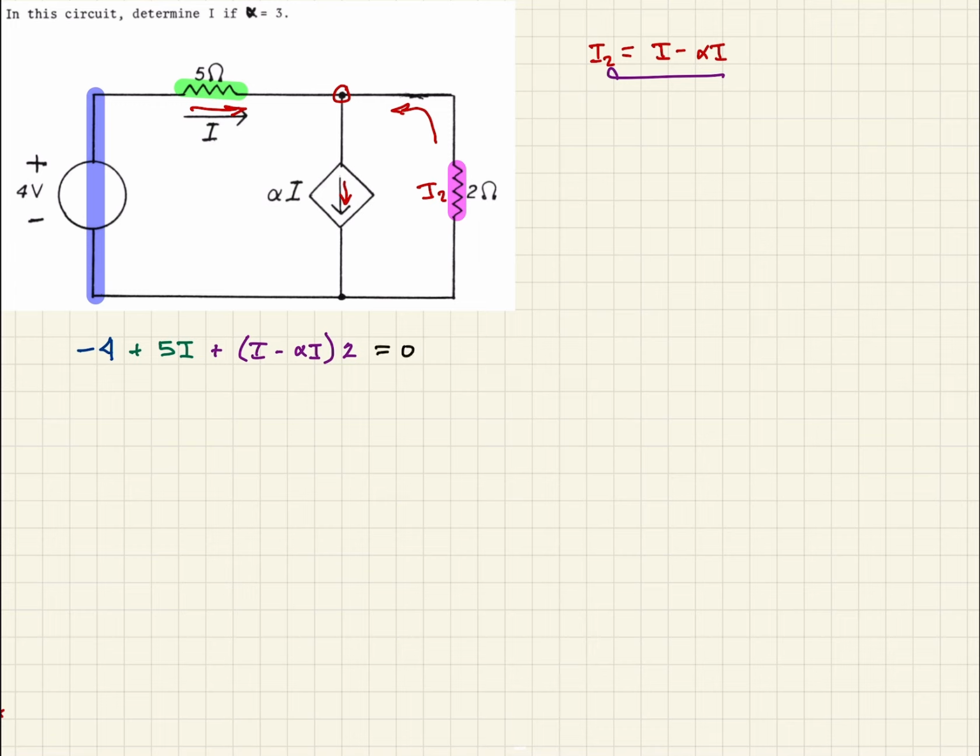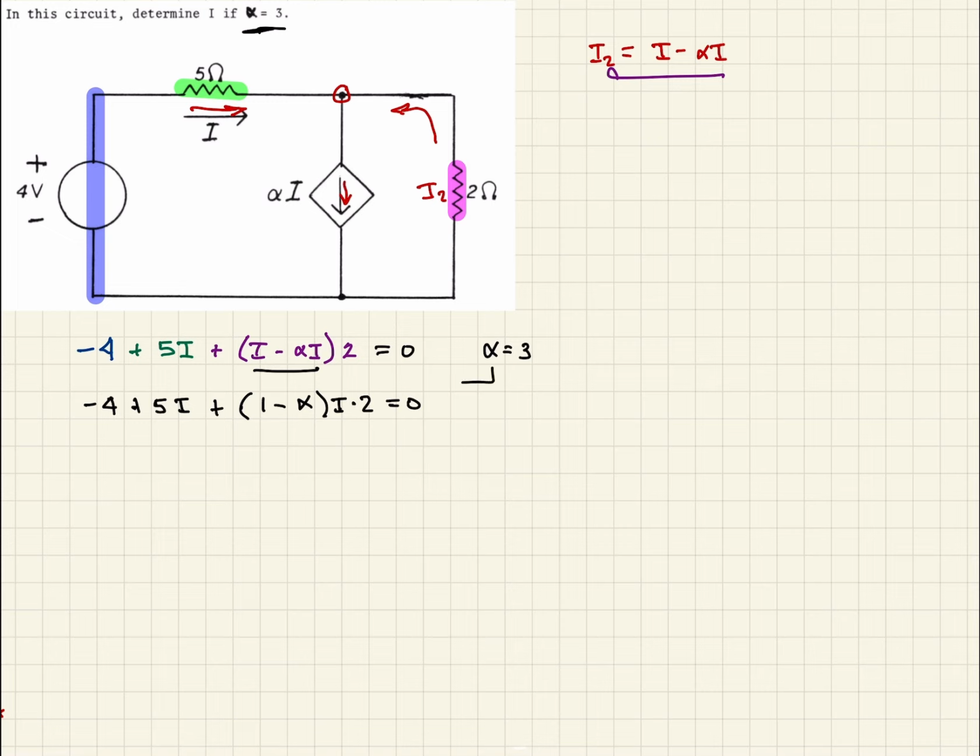And recall, they told us up here that alpha is equal to 3. So now we can rewrite this as follows. We'll have our minus 4 plus 5I, and then plus, if we factor an I out of this, we'll get 1 minus alpha times I times 2 is equal to 0.